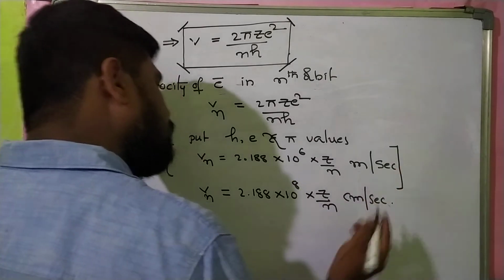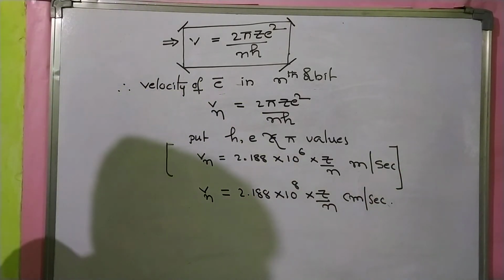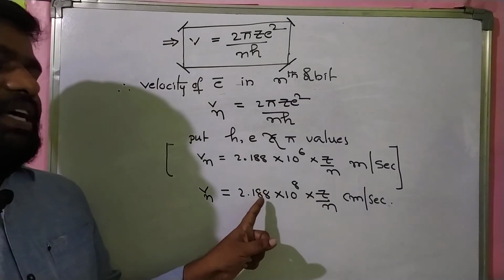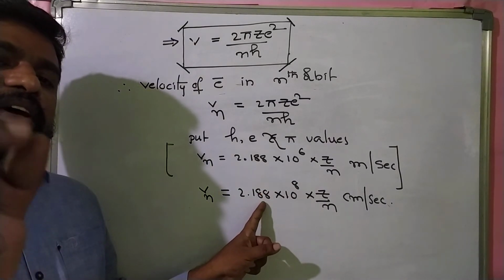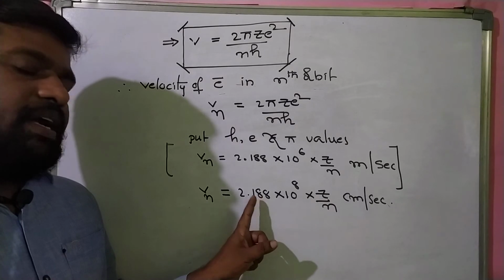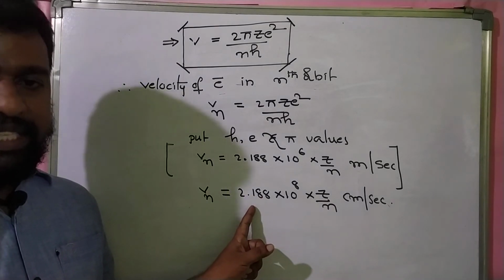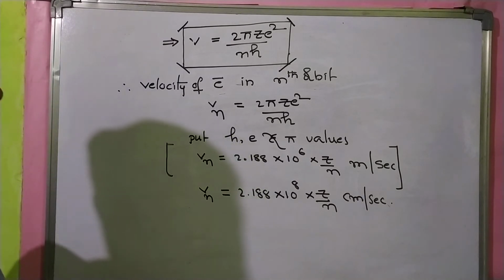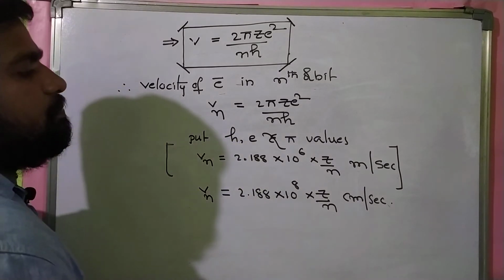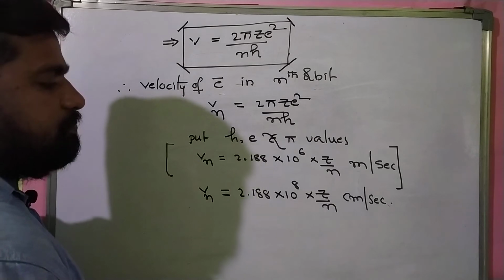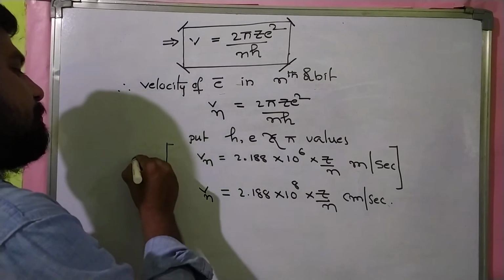The velocity of electron in the given orbit can be determined using this principle according to Bohr's postulations. Very, very important. Please keep this in your mind.